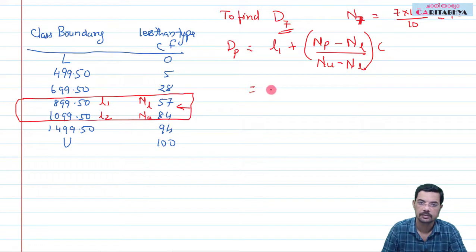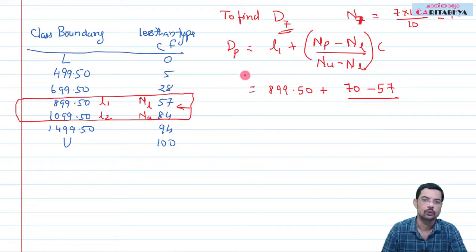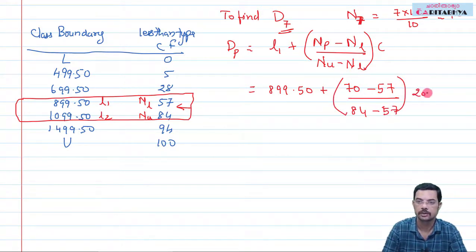What is L1? L1 is 899.50 plus NP, which is 70, minus NL, which is 57, divided by NU, which is 84, minus 57, into C. C is 200, the class length.